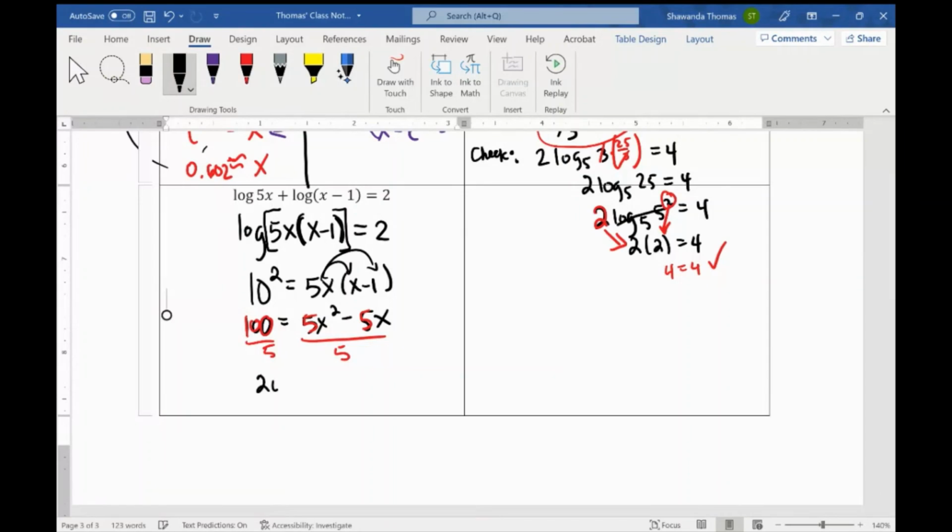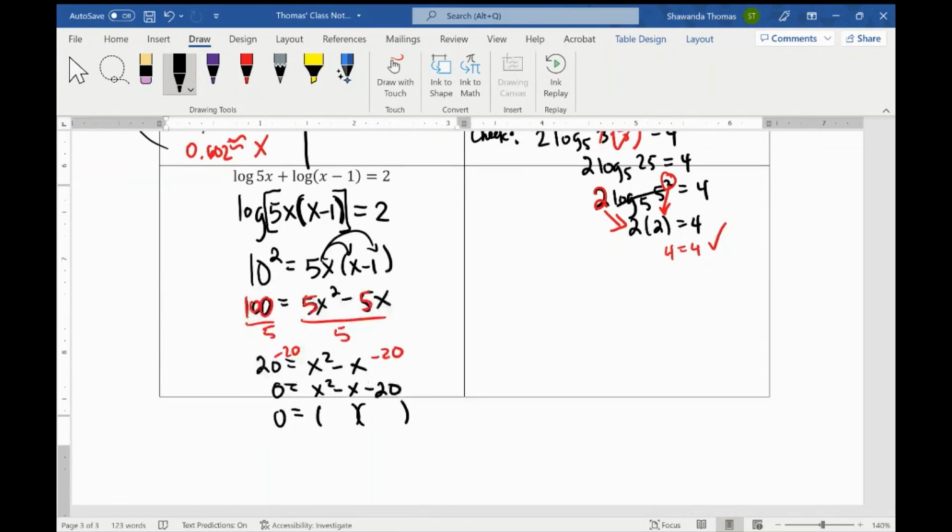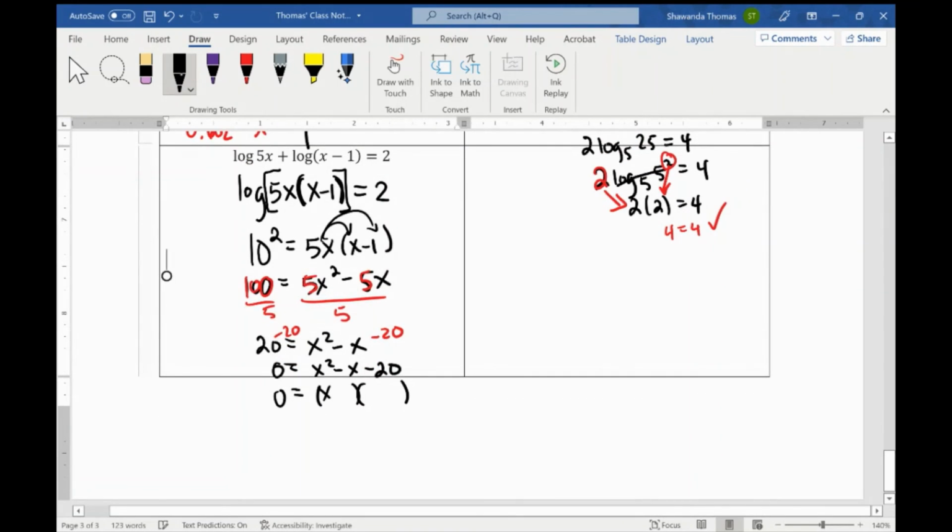So we have 20 equals x squared minus x, which is a quadratic equation, we know. So that means we need to move everything to one side. Let's subtract 20. We have 0 equals x squared minus x minus 20. We can factor. When we factor, we know it's going to be x times x. We need to find factors of negative 20 that add to negative 1, right?